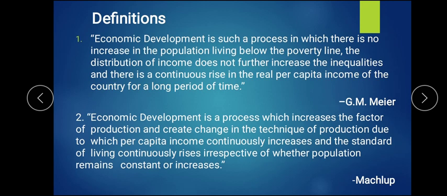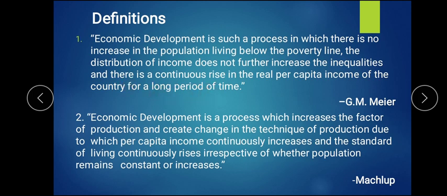Then the definition given by G. M. Meier talks about a process in which there is no increase in the population living below the poverty line, and the inequality in the distribution of income does not increase further, but there is a continuous rise in the per capita income of the country over a long period of time.